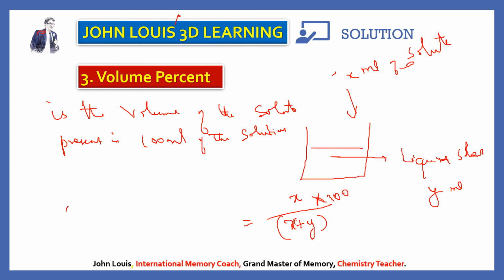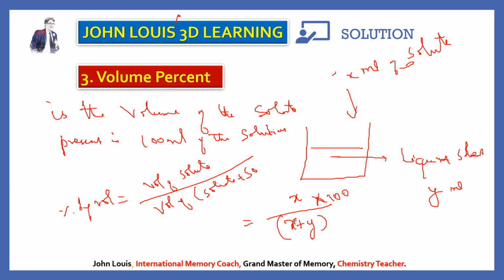Percent by volume is equal to volume of solute divided by volume of solute plus solvent, that is nothing but volume of solution, into 100. If you know this formula, we can easily calculate the percentage.